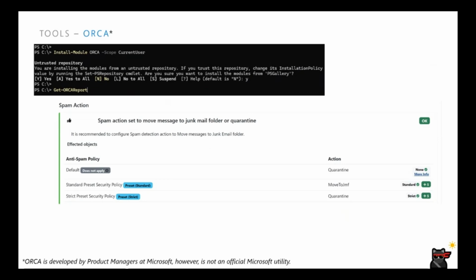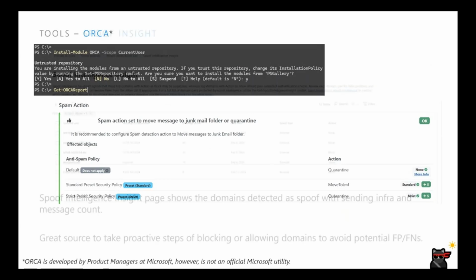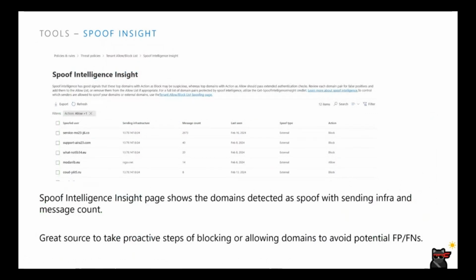It's a very, very cool module to keep track of. But we also have other tools within the Defender XDR portal. As we see here, we have the spoof intelligence insight, giving us more intel.